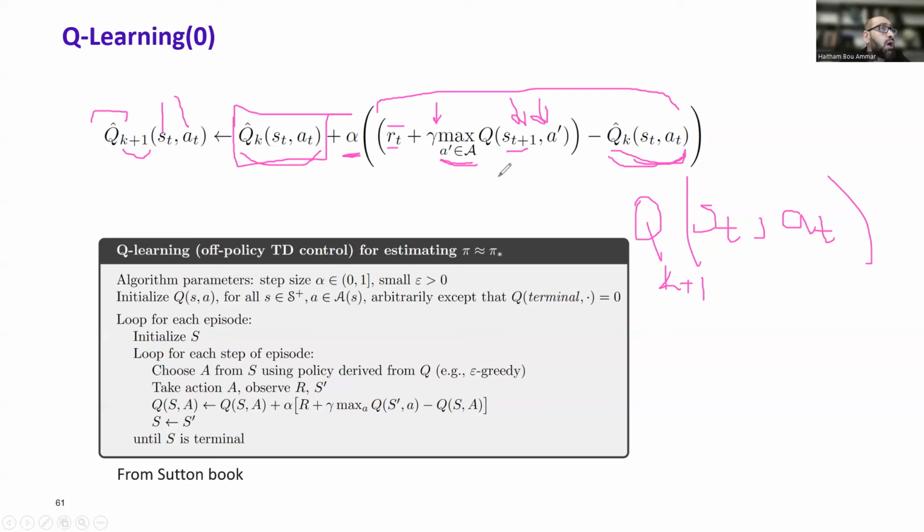So it's the error of how much better off I would be if I select the max action for the Q on the next state, added to that the reward and of course the discount gamma, minus your current estimate Q. So that's how we would do the Q-learning update. We look one step into the future with s_{t+1}, be greedy in that, and then subtract Q_k of s_t, a_t.